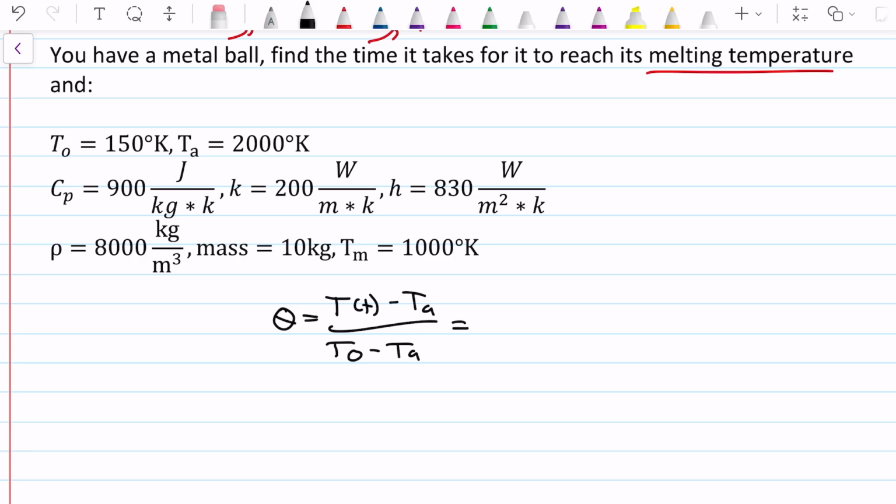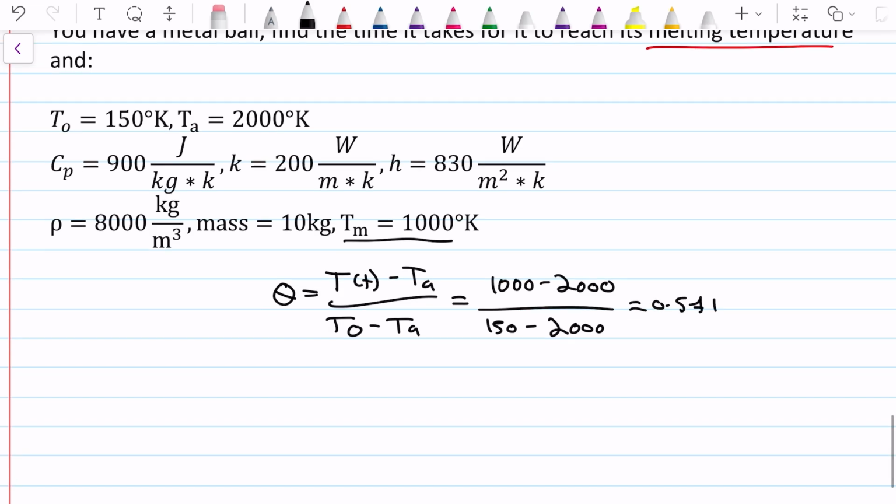The final is the melting, which is 1,000, minus the ambient, which is 2,000, all over the initial, which is 150, minus the ambient, which is 2,000. Throw that into the calculator. You get 0.541. Let's go into the Bi out number. The Bi out number is the heat transfer coefficient times dimensionless length, which is R, or we'll call R over K.